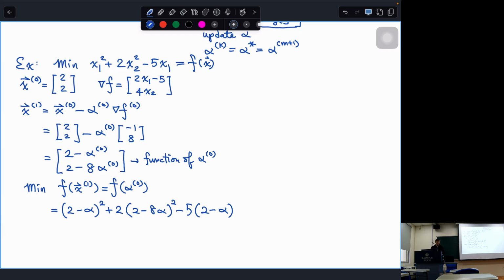So now you see your function f is actually a function of alpha. So you are actually minimizing a function with respect to the unknown alpha. Okay, and this is where you will solve it by the subproblem.